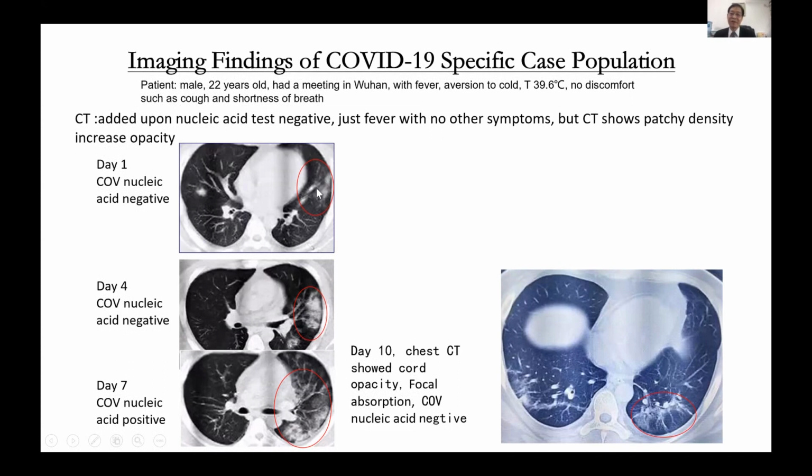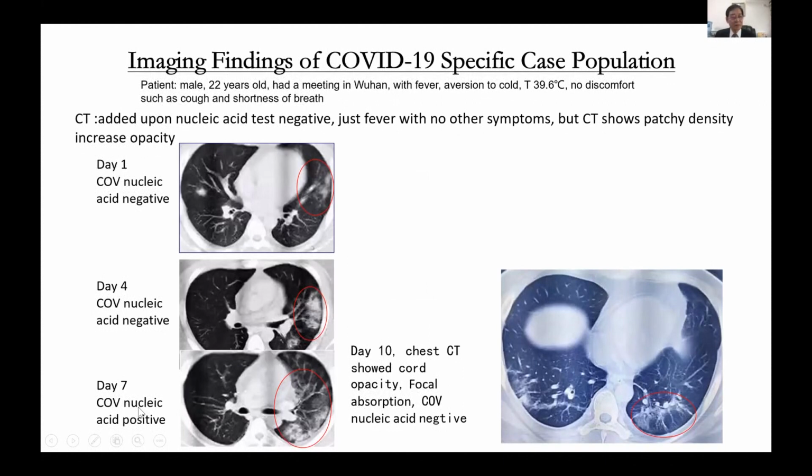Just the fever with no other symptoms. The CT shows patchy density increasing opacity after 4 days. Nucleic acid still negative, but CT shows increasing opacity after 7 days.